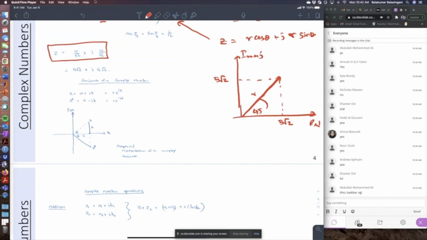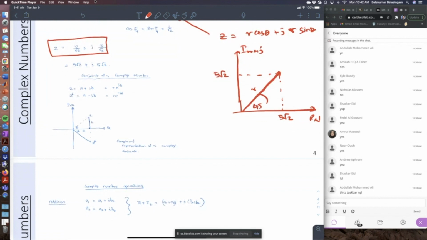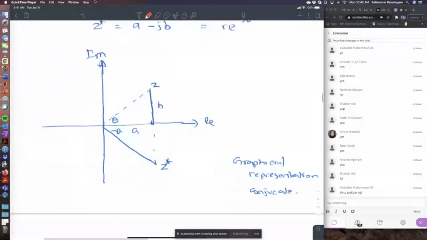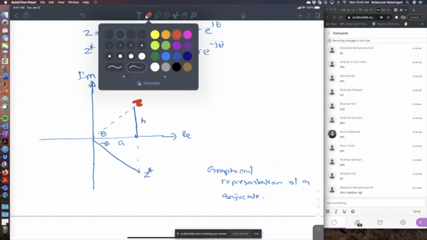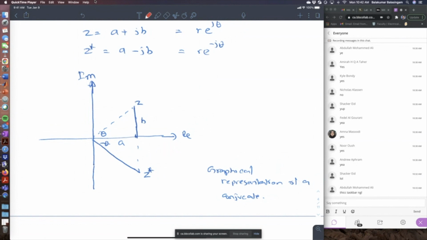Okay, the conjugate of a complex number. If s is a plus jb, then the conjugate is a minus jb. We reverse the sign of the imaginary part. So s is A plus JB, and then s star, the conjugate, is A minus JB.